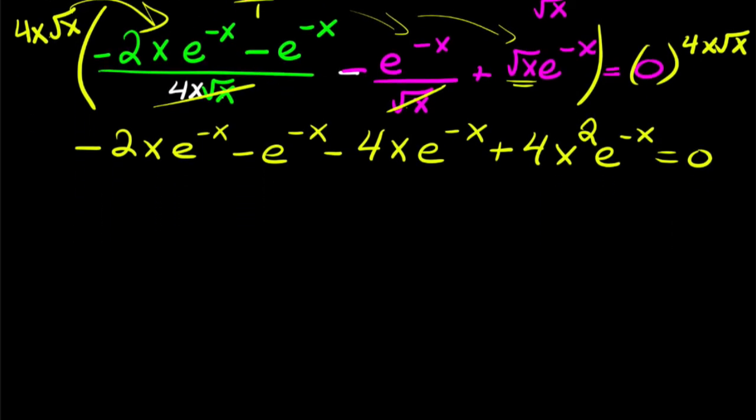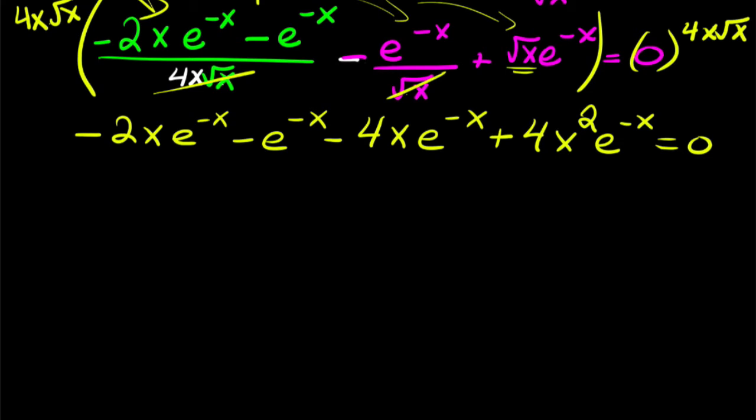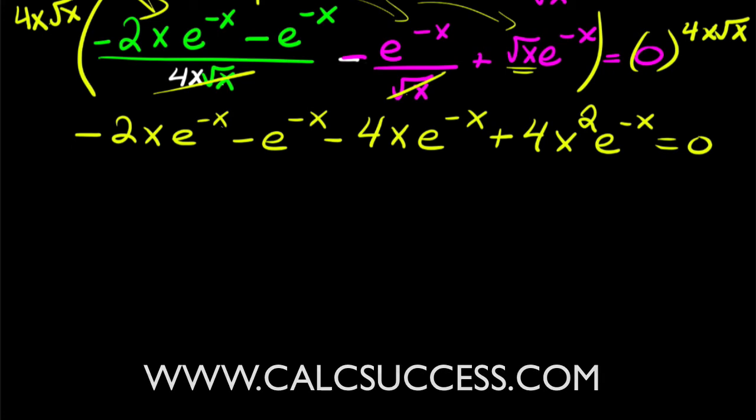Okay. So continuing with the theme here, notice how there's an e to the negative x on everything. Let's divide everything by e to the negative x. Everything.